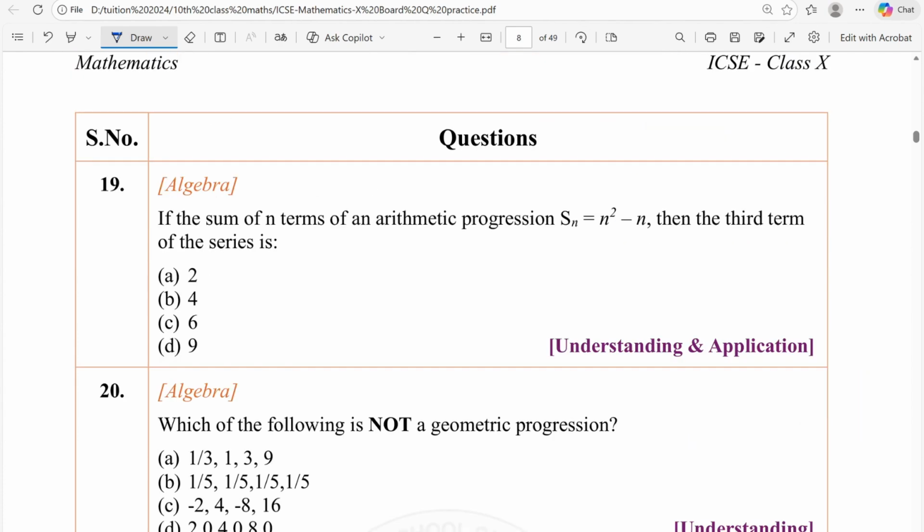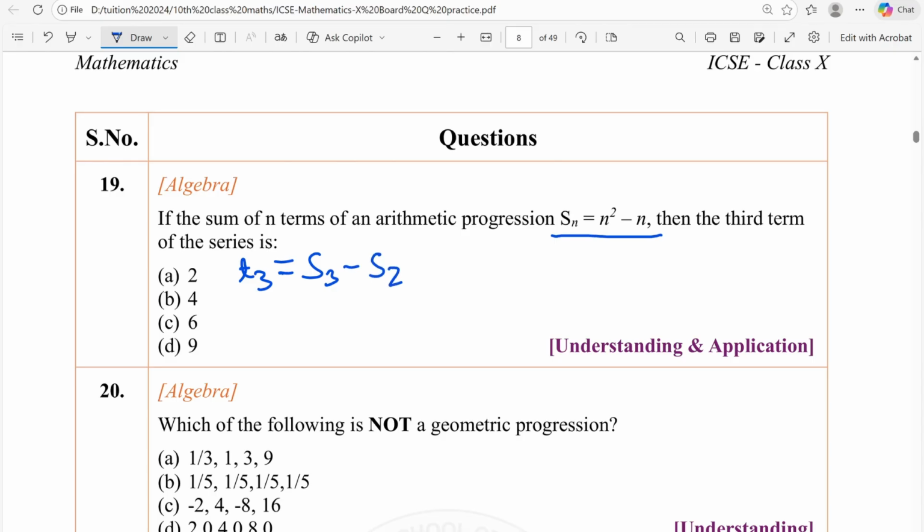Now question number 19. Given Sn equals n square minus n, find the third term. What is the formula to find the third term? T3, the third term, equals S3 minus S2.